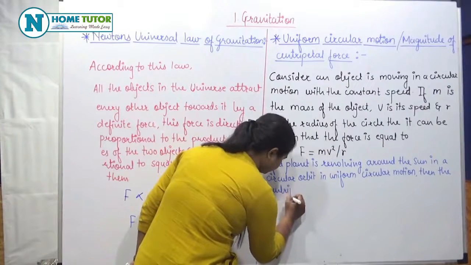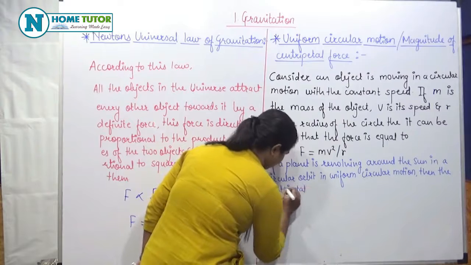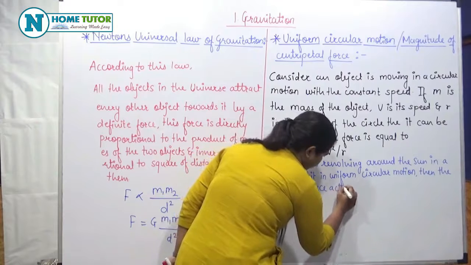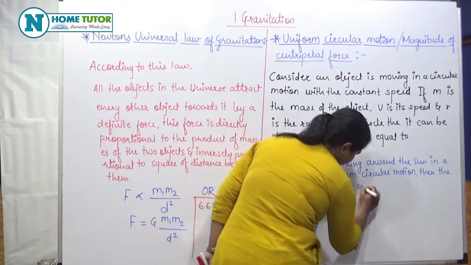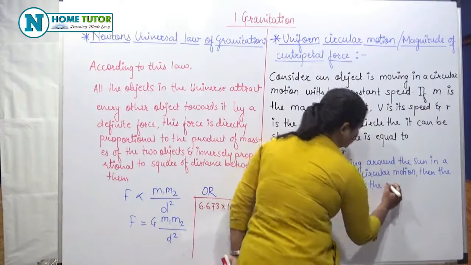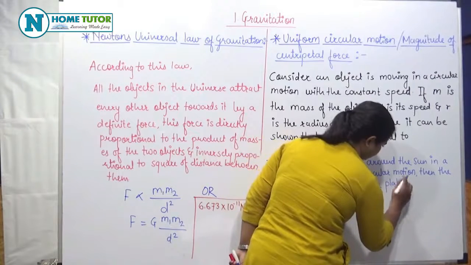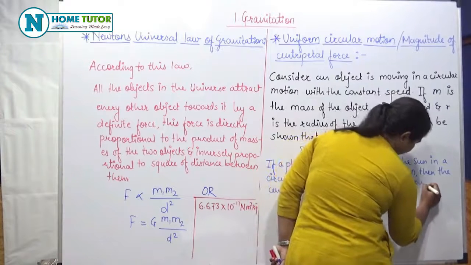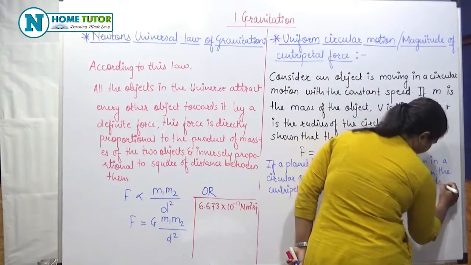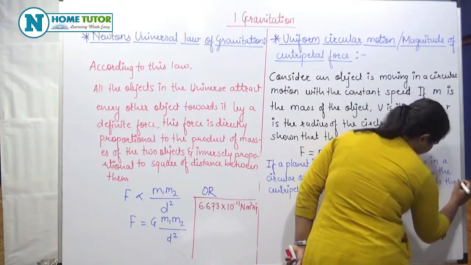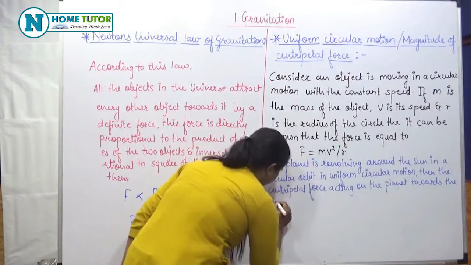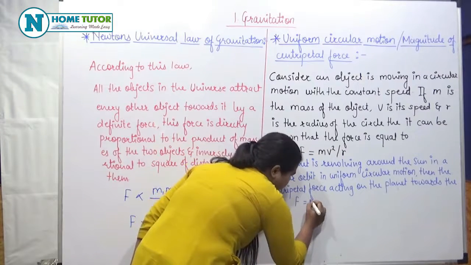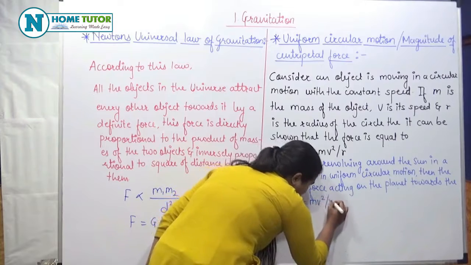Centripetal force acting on the planet towards the sun is F is equal to mv square upon r.